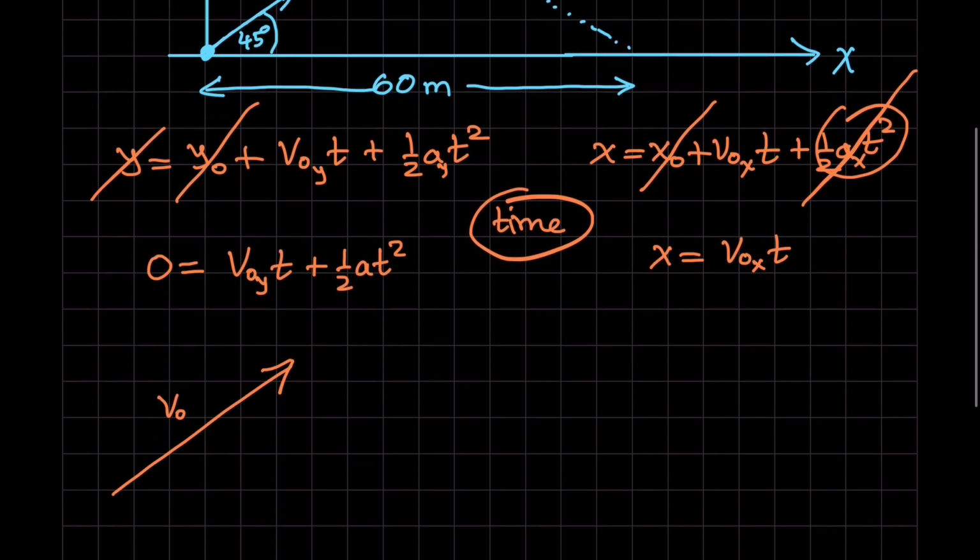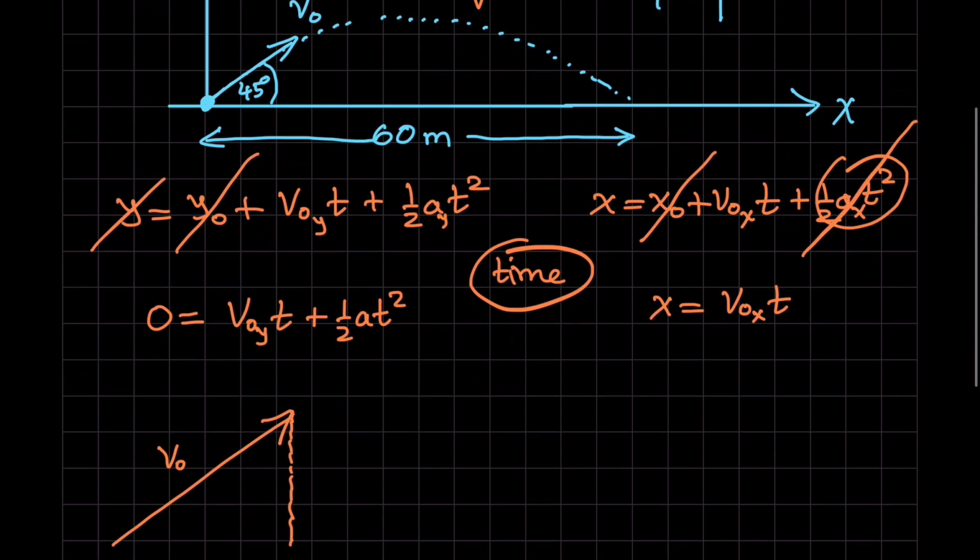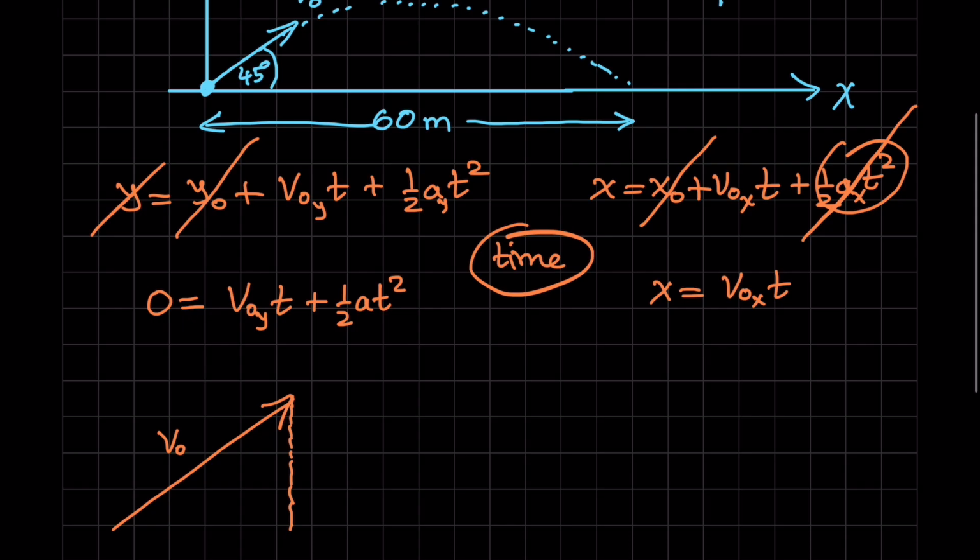So I'm going to start at one end of the vector and draw downward along the y axis. And same thing with the x: starting at the other end of the vector, I'm drawing a line that goes along the x direction.